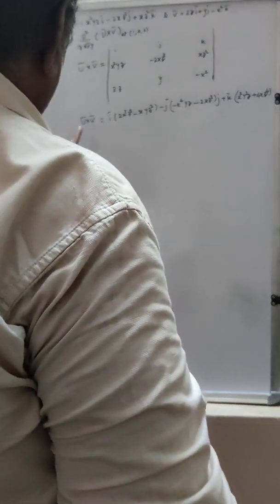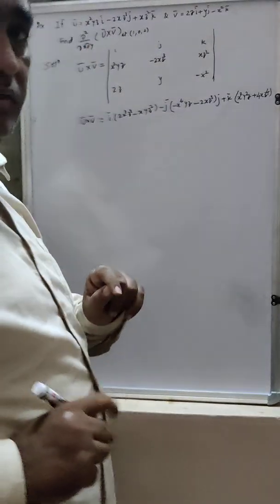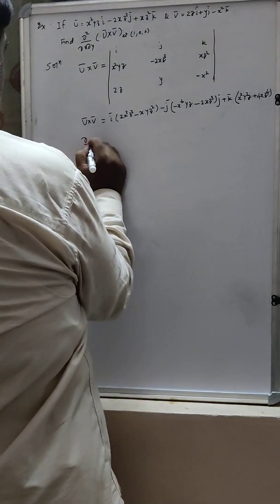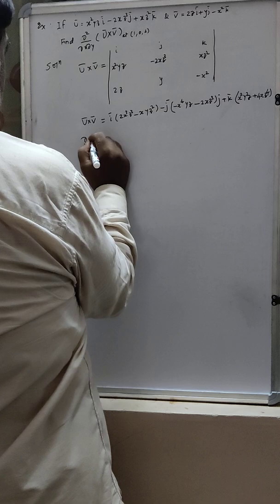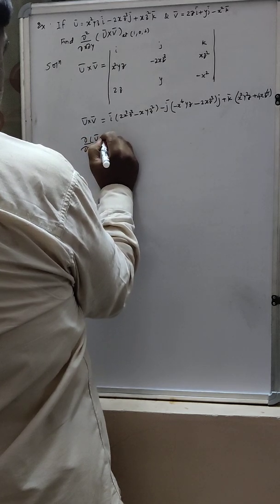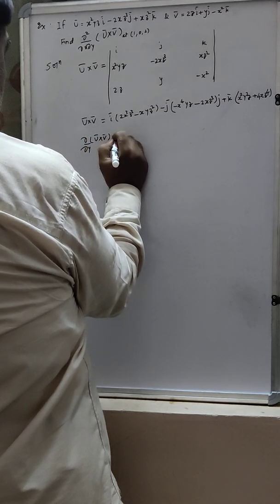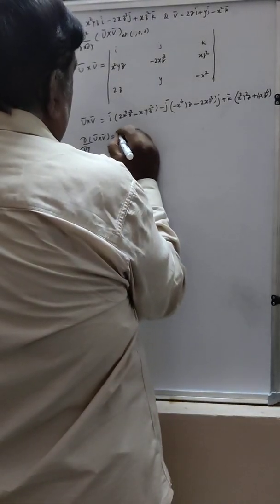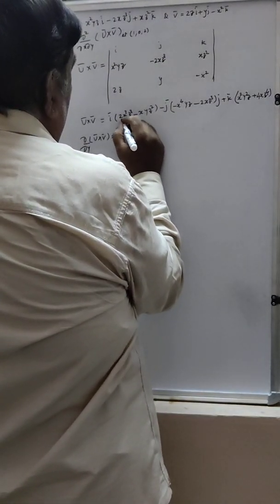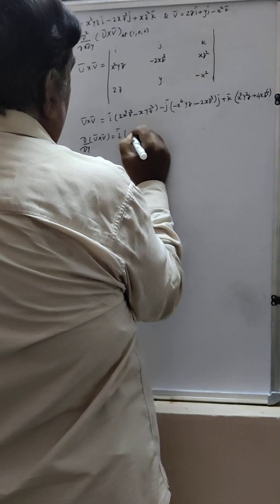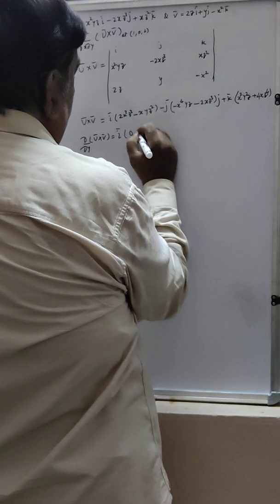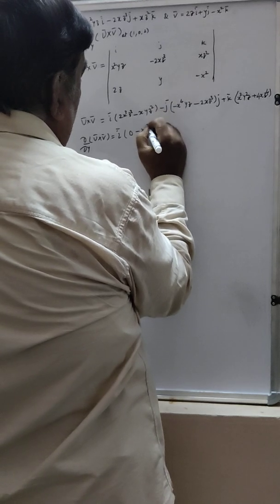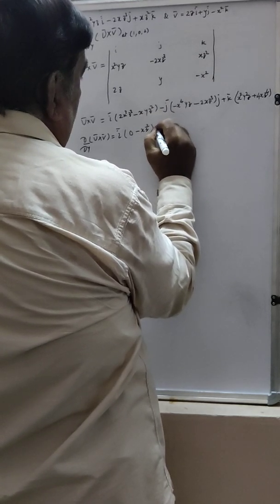Now differentiate u vector cross v vector with respect to y. ∂ by ∂y of u vector cross v vector is equal to i times: this is constant with respect to y, derivative is 0, minus xz square is constant, derivative of y is 1.